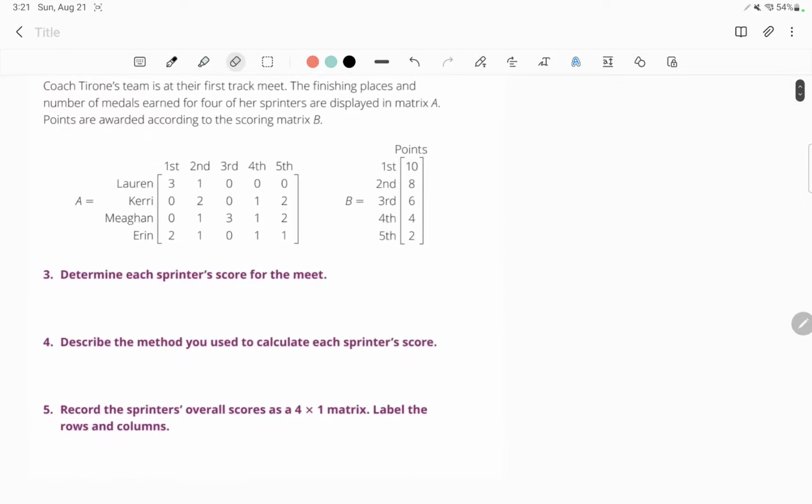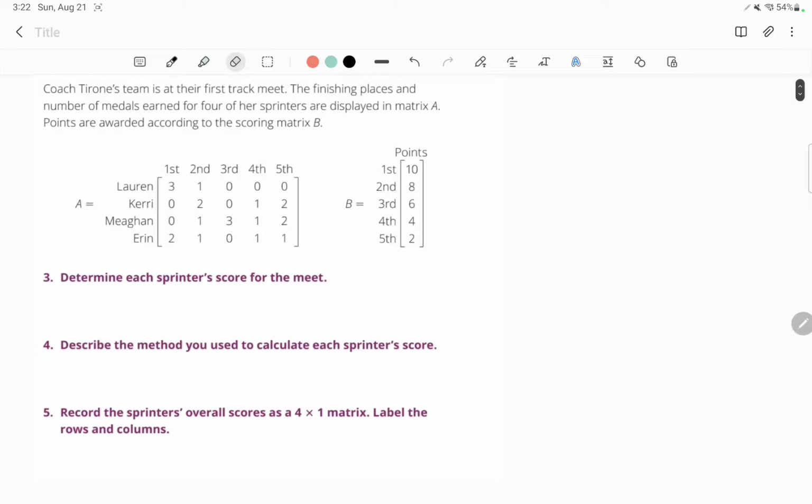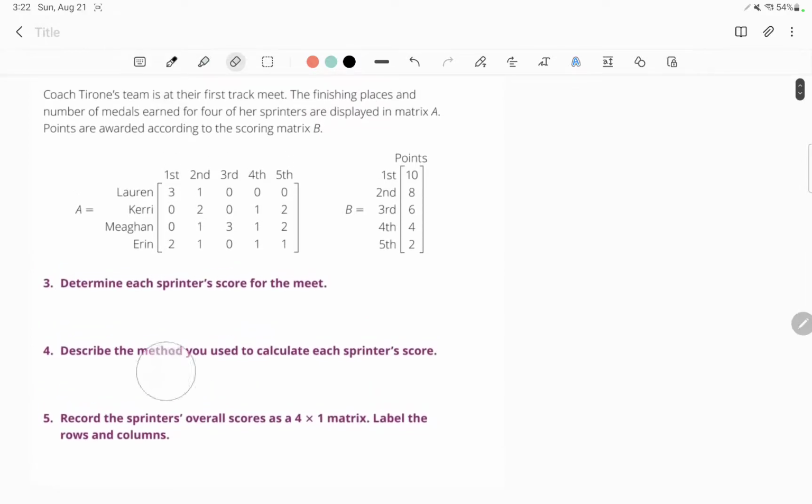So Coach Tirones's team is at their first track meet. The finishing places and the number of medals earned for 4 of her sprinters are displayed in the matrix. So this is the matrix that they're showing us. So matrix A is just going to be showing us the places that the sprinters actually got.